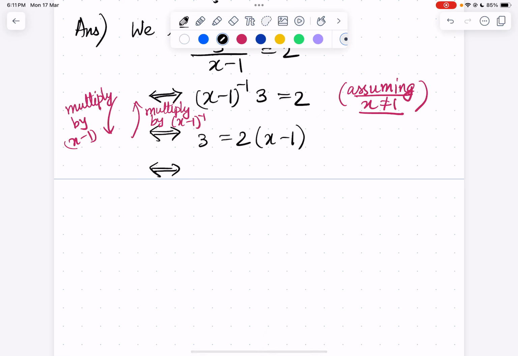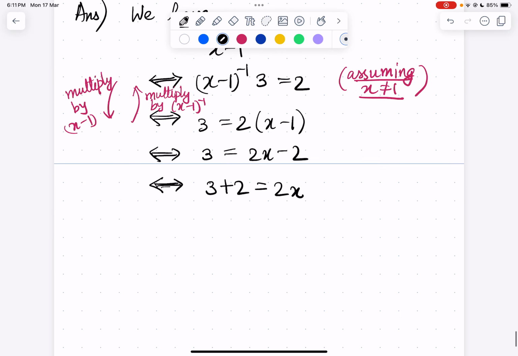And then this equation can be written as 3 equals 2x minus 2, and then it can be written as 3 plus 2 equals 2x, right?